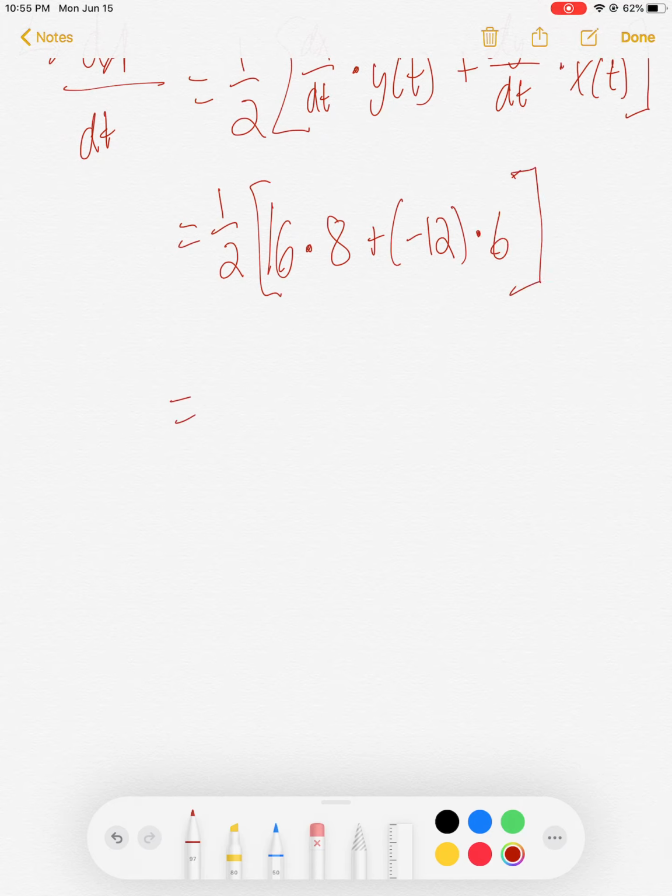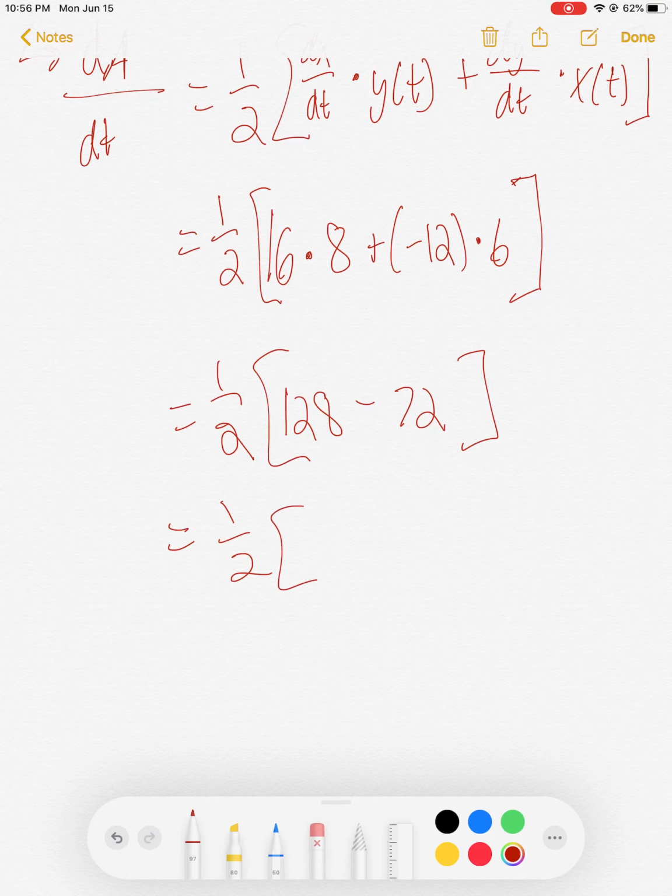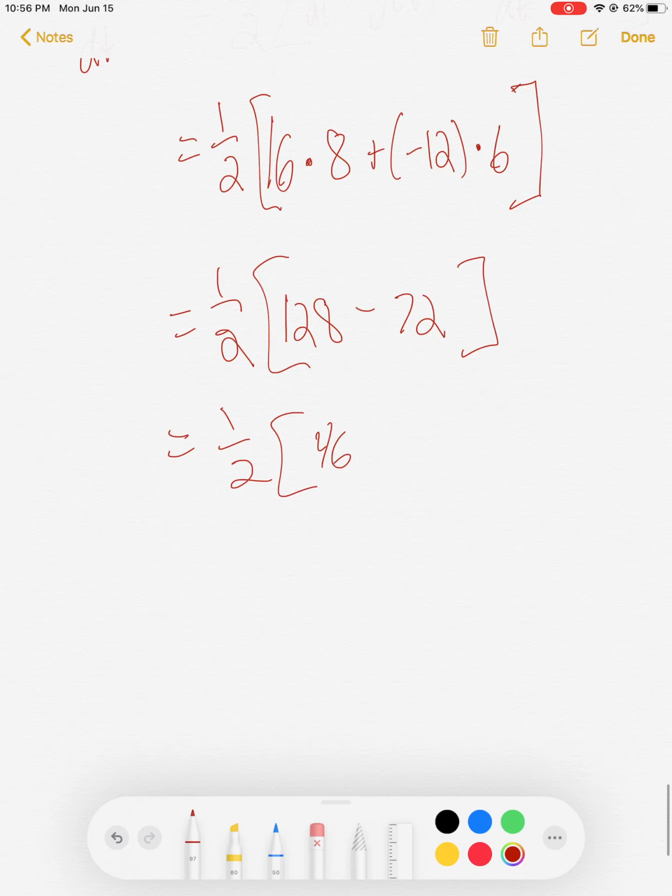So that's going to be 1/2, 16 times 8, plus, okay, dy/dt, that's what we solved for in the previous problem, and that was negative 12. So plus negative 12, and times x of t, and we're in fact given that we want this at x of t equals 6. So times 6.